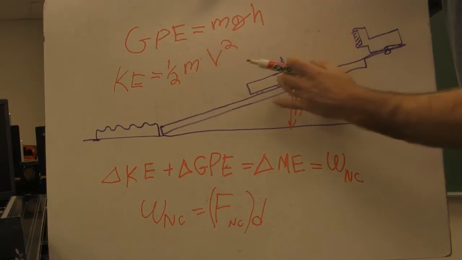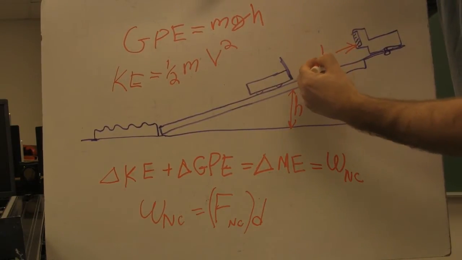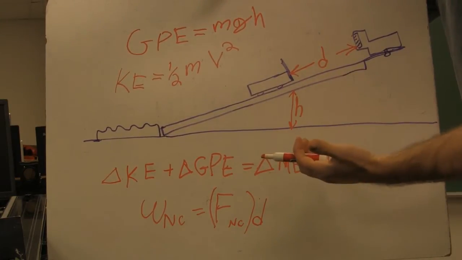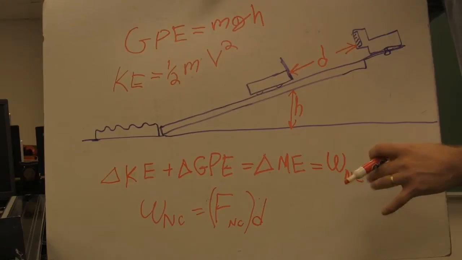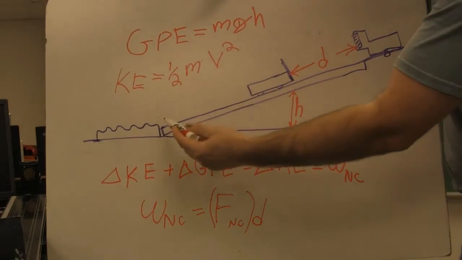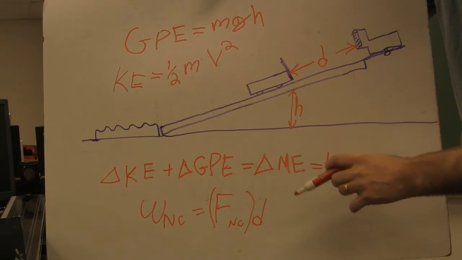However, the motion sensor, as it watches the cart go down the track, this distance d is increasing. And so to do this experiment correctly, you've got to set this up so that your distance is decreasing as the cart goes down the track, and we're going to try to correlate that to the height.